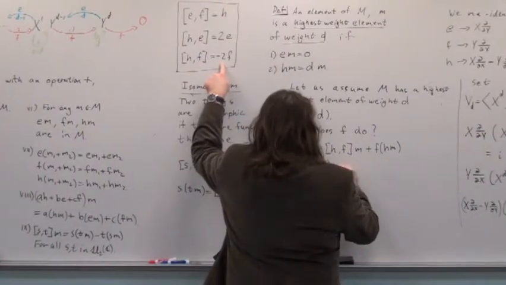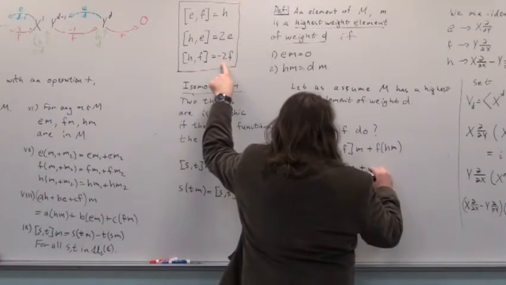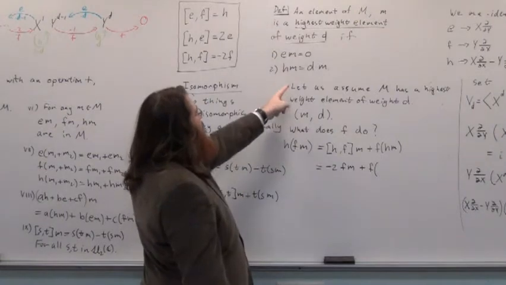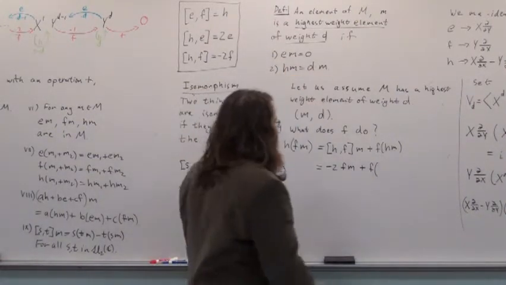So this is negative 2 times F of M plus F. But what does H do to M? Well, M is a highest weight vector of weight D. So H times M is D times M.